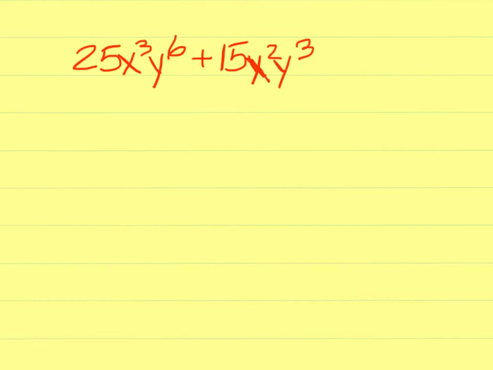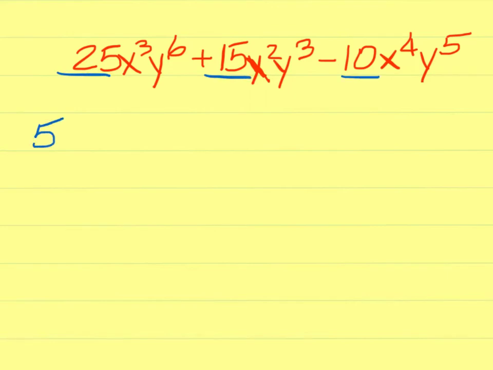This one is 25x to the third, y to the sixth, plus 15, x squared, y to the third, and minus 10x to the fourth, y to the fifth. For this problem, the highest number that comes out of all of them is 5.